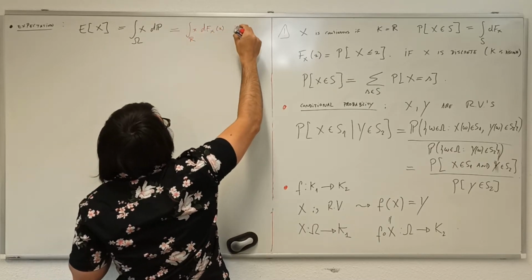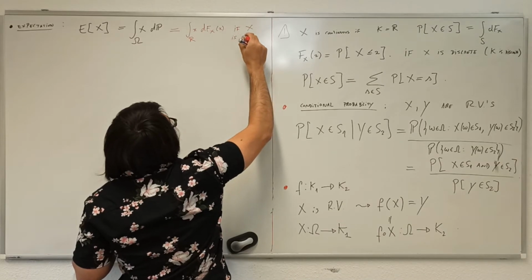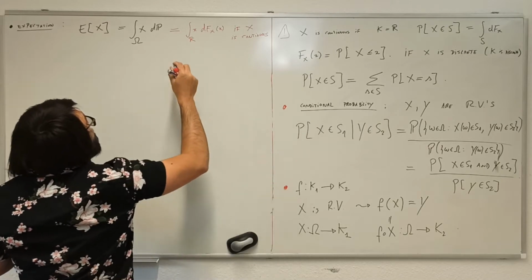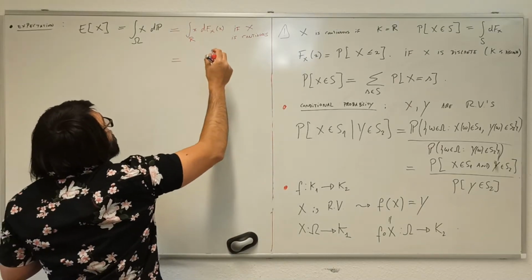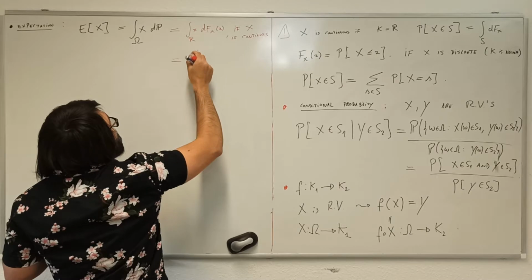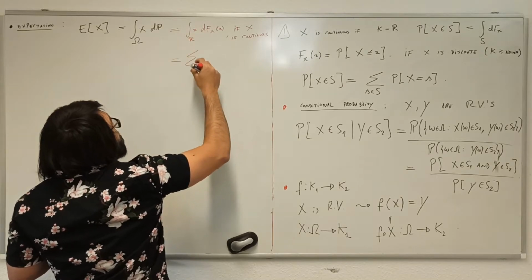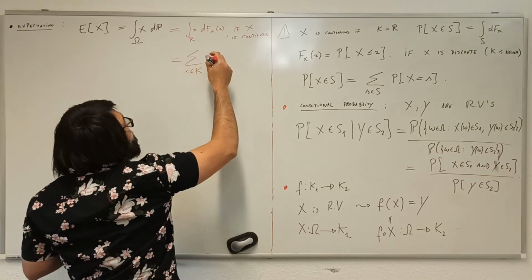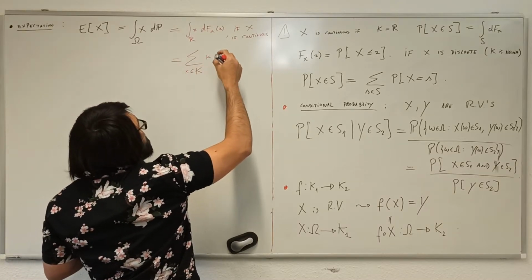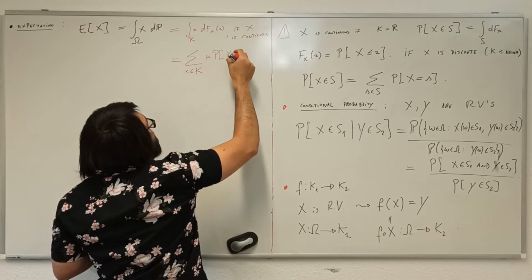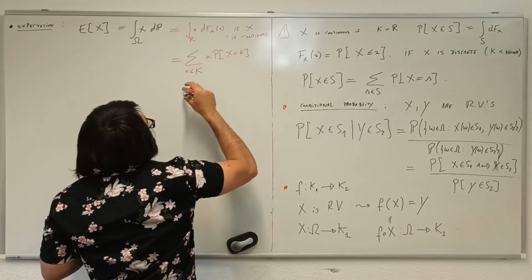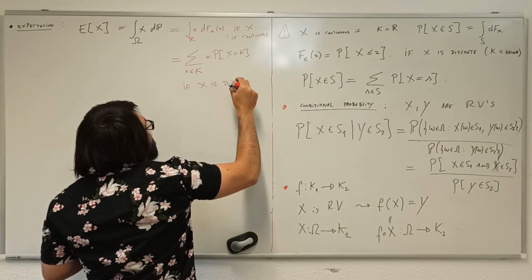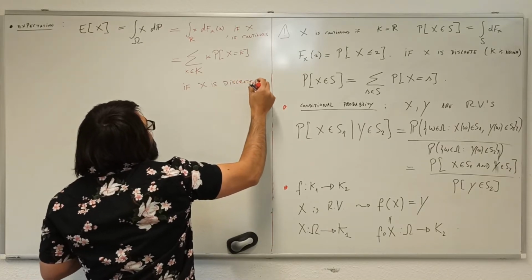So this is if X is continuous, or it could also be equal to just the sum over k belonging to K of k times the probability that X equals k. This is in the case that X is discrete. Okay.